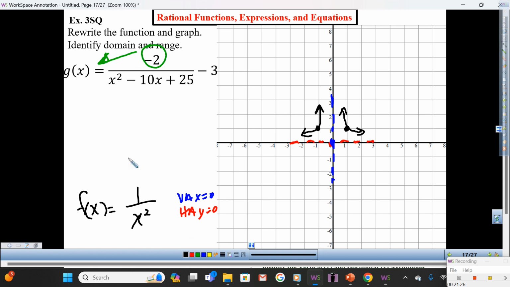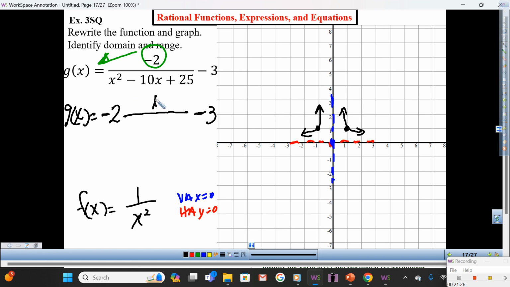Okay. So, to start off, we have our new equation, g of x equals negative 2 with the 1 in the numerator, the negative 3 at the end. However, for those of you that weren't here Thursday, this one needs to be factored.